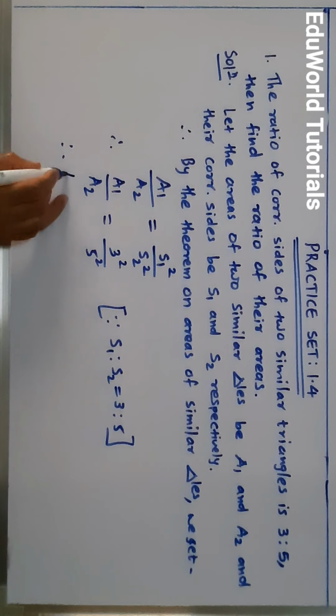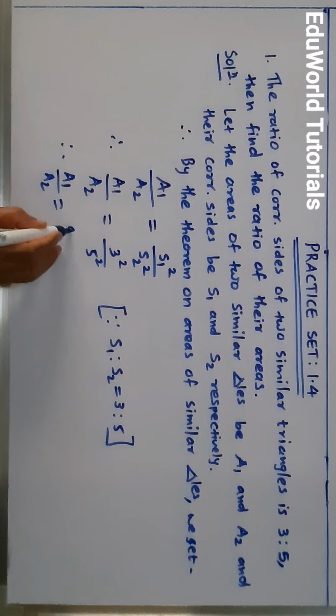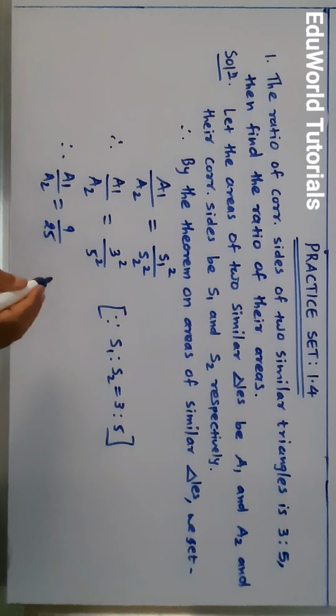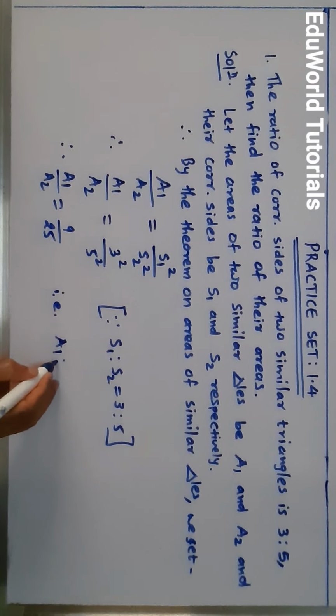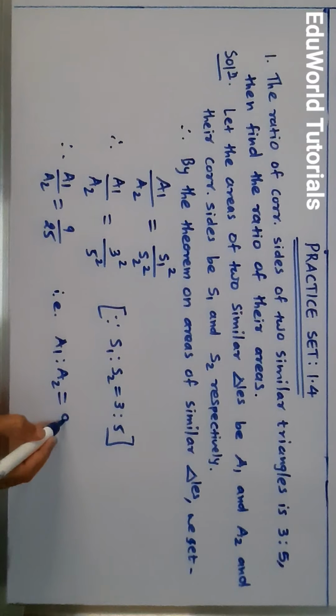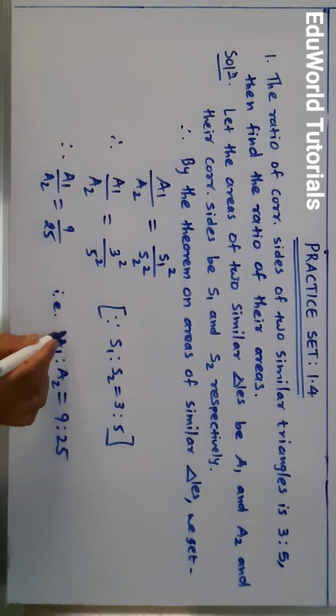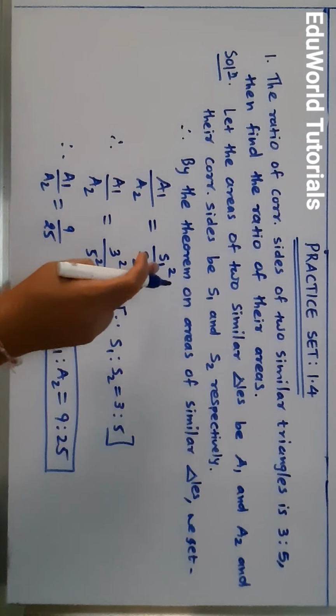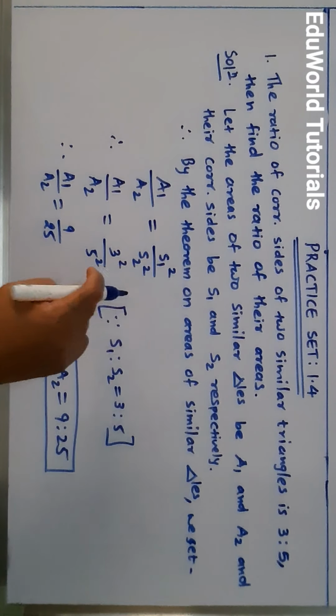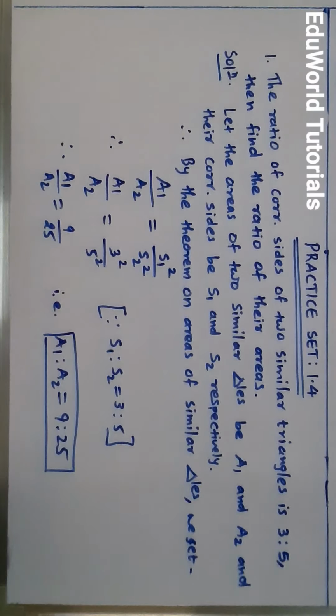So finally we get the ratio of the areas: A1 upon A2 is equal to 9 upon 25. That is, the ratio of areas of the two similar triangles, A1 is to A2, is equal to 9 is to 25. It is a 2 mark sum, very simple and easily solved. But remember, do not forget to make squares of the corresponding sides, because it is a common mistake most students make in the exam.